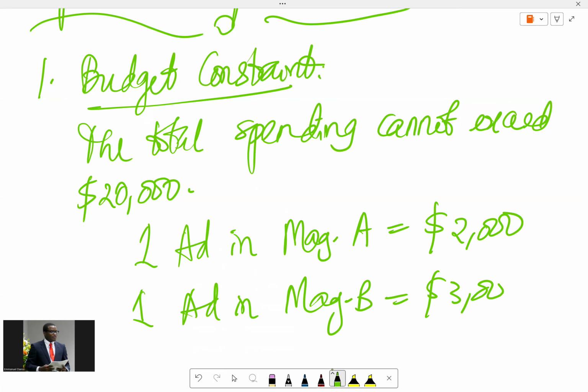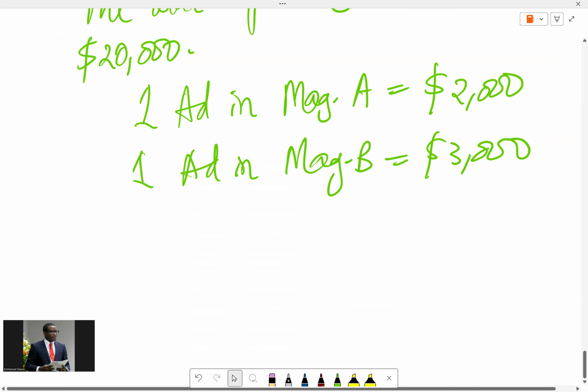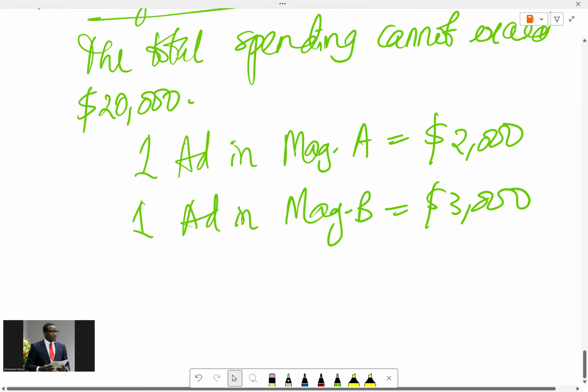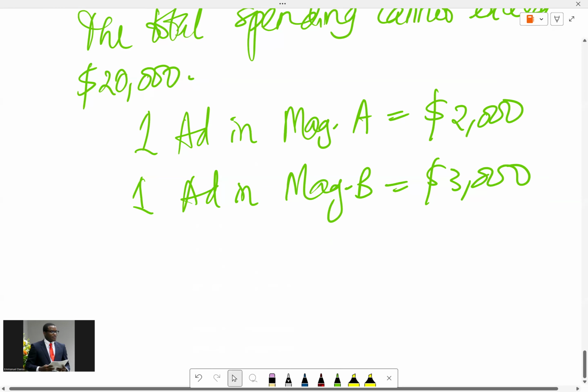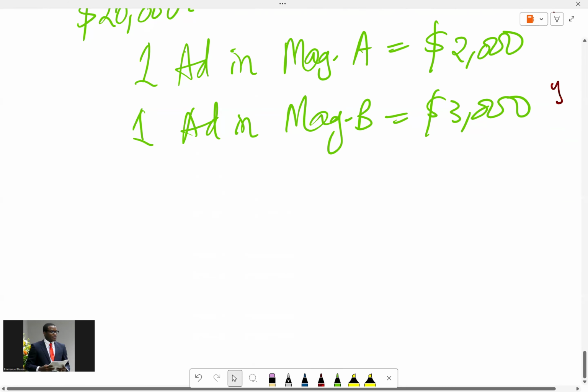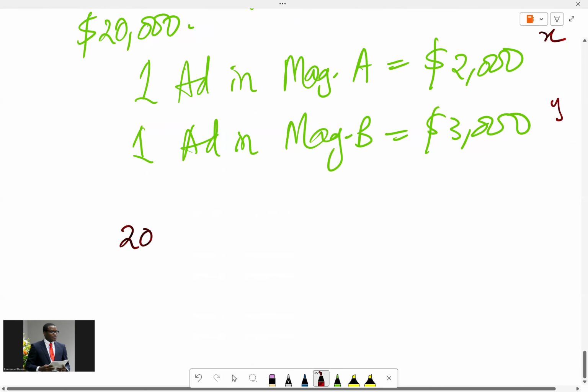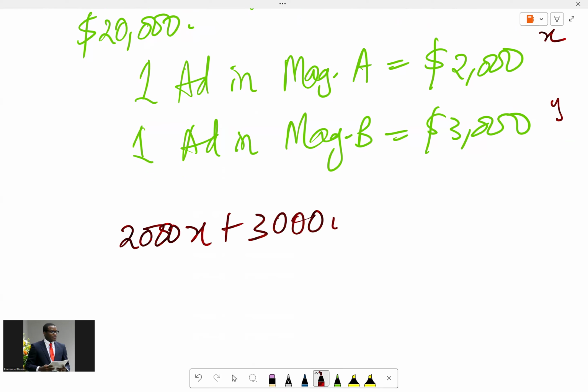So the number of adverts you can have in A is X, and in B is Y. Whatever you're doing, 2,000 times X plus 3,000 times Y can only be less than or equal to 20,000.